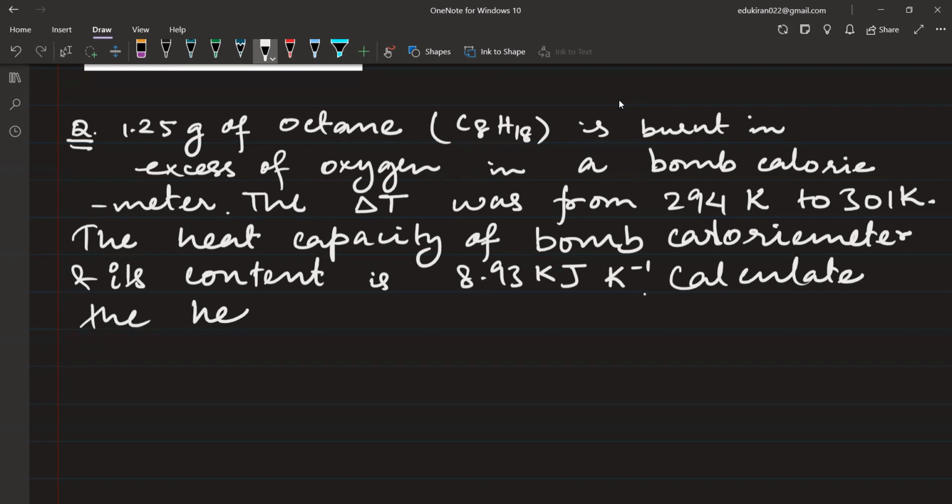Calculate the heat transferred to the calorimeter.